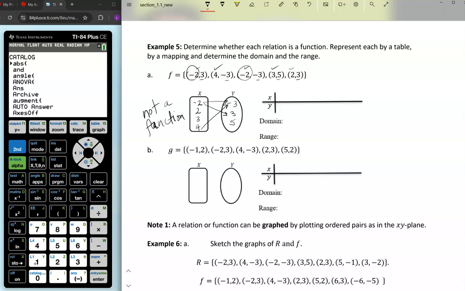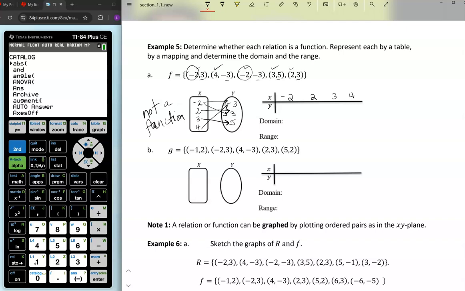Let's see, I did 4. I did -2. Let's do 3. 3 maps to 5. And 2 maps to 3. All right, so there's our mapping. And then if we wanted to do an input and output, just as before, our x values are -2, 2, 3, and 4.